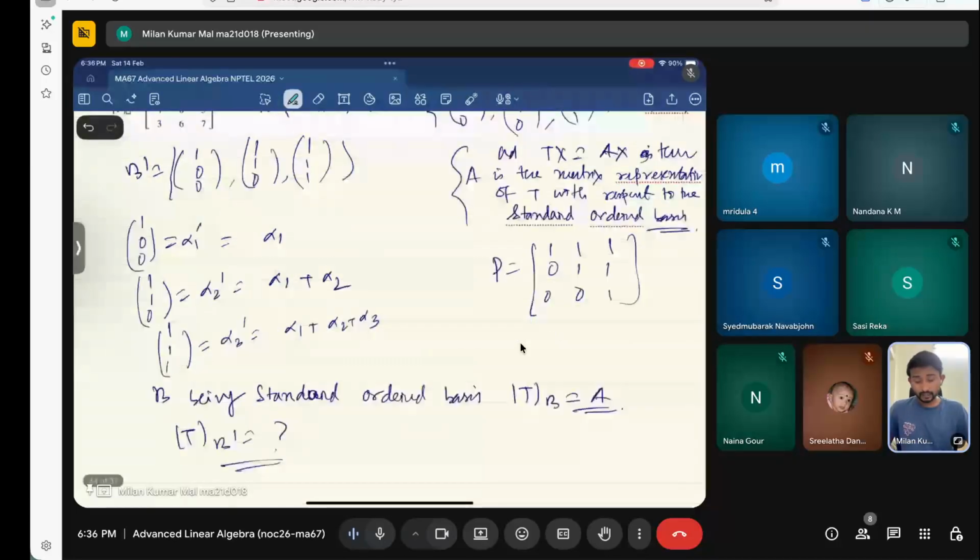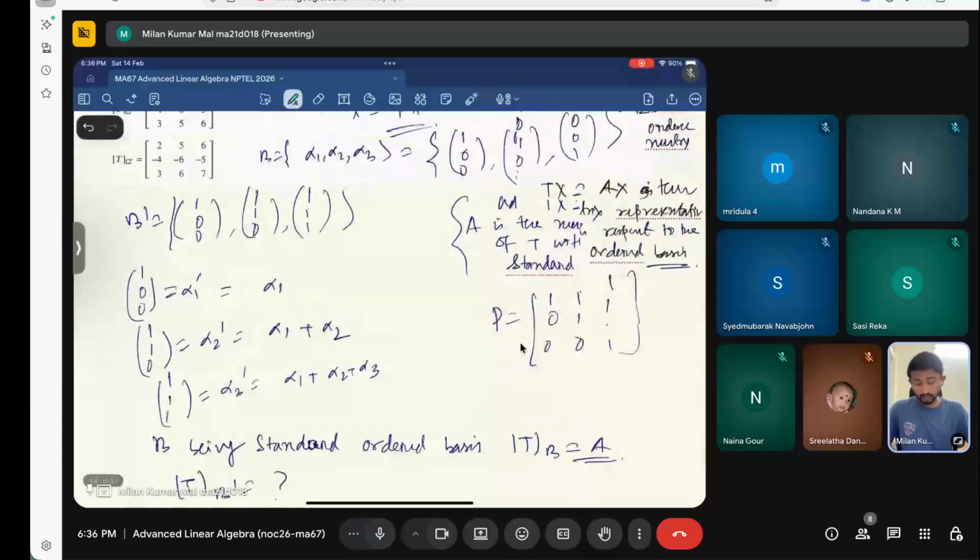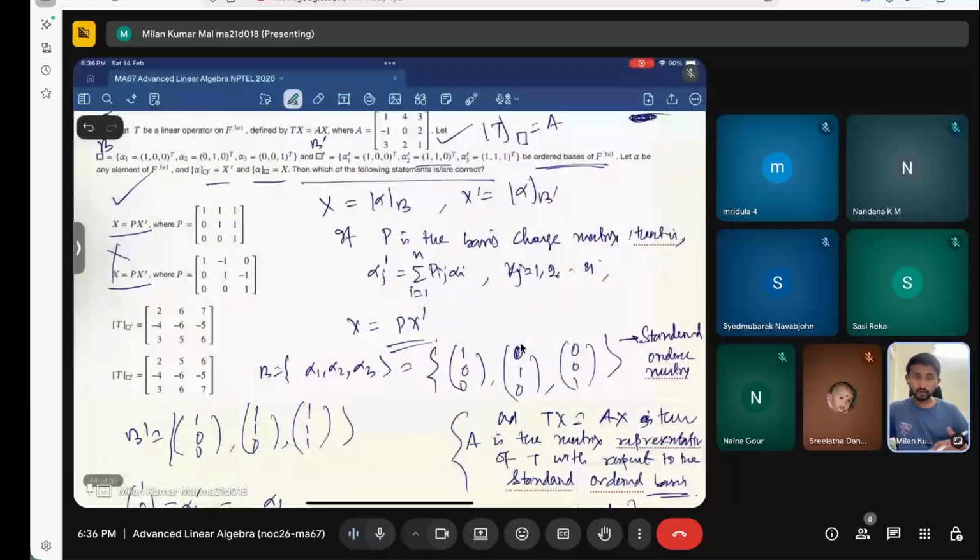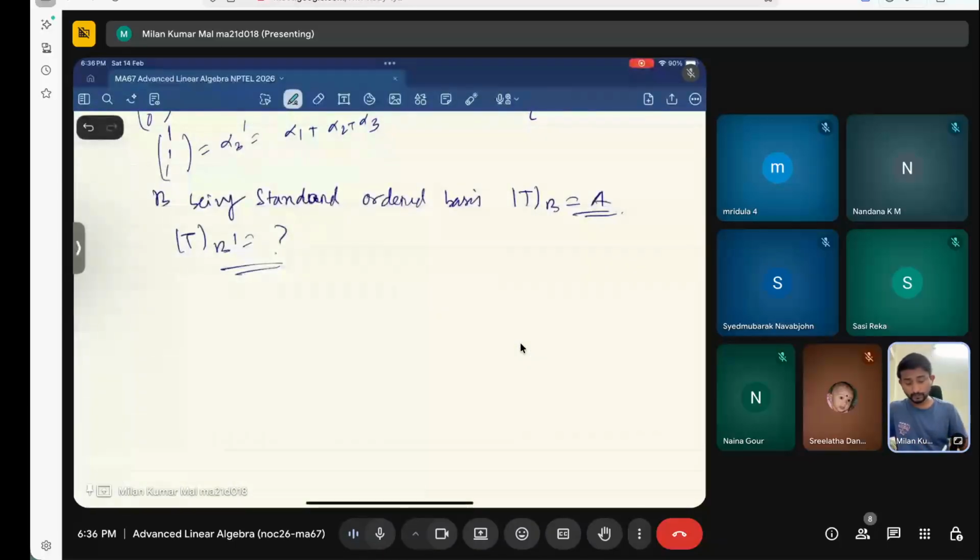There is a very standard fact that if you have two bases, then T with respect to the new ordered basis is equal to P inverse times T with respect to B times P. This is what it is.